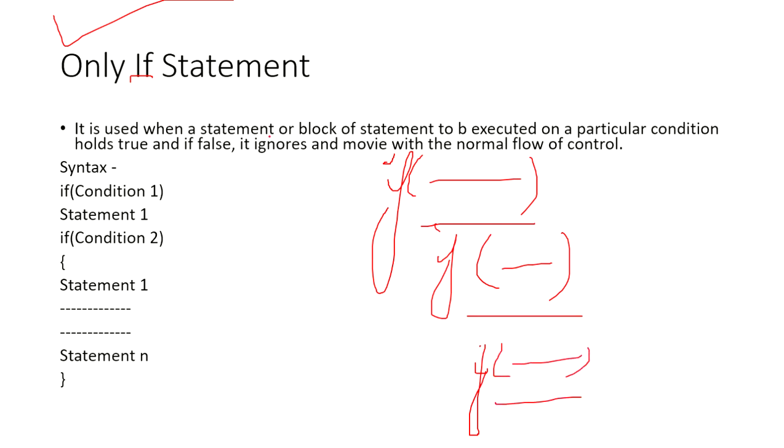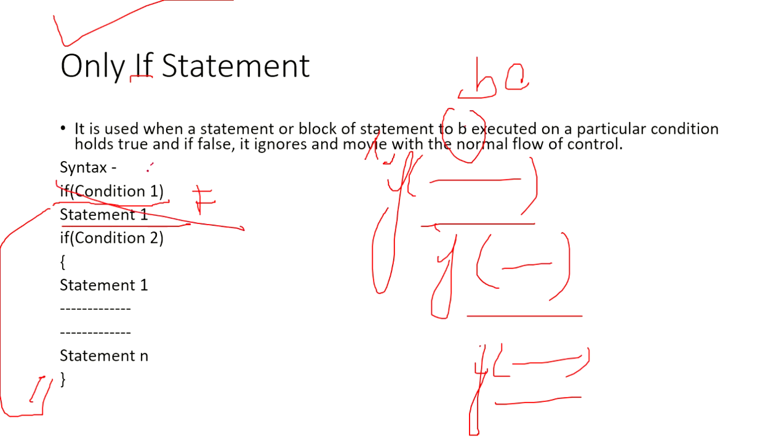It is used when a statement or block of statements is to be executed on a particular condition holding true, and if false it ignores it and moves to the normal flow of control. That is, if I type if first condition, Java checks whether the given condition is true. If it is true, it prints statement 1 and directly ends. Consider if the first condition is false, what does it do?